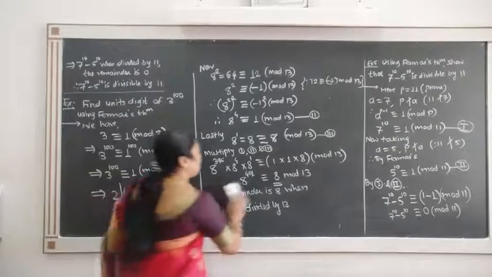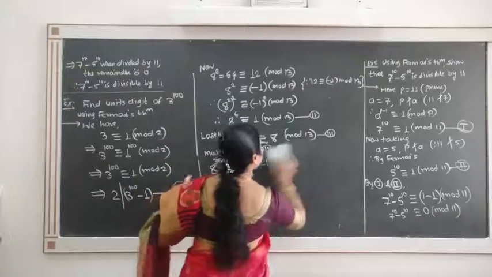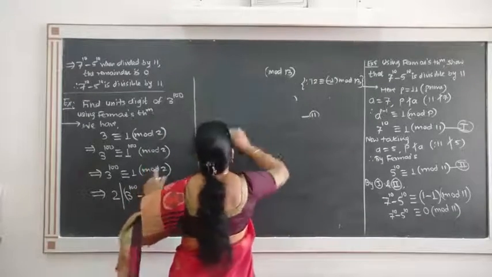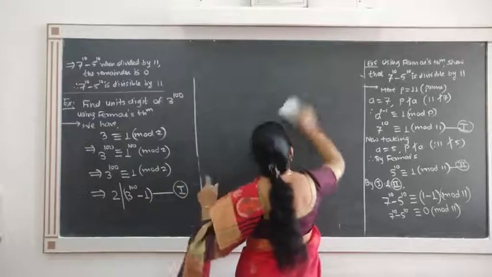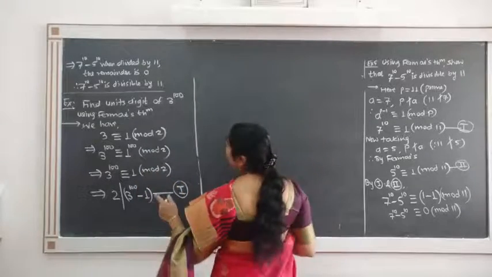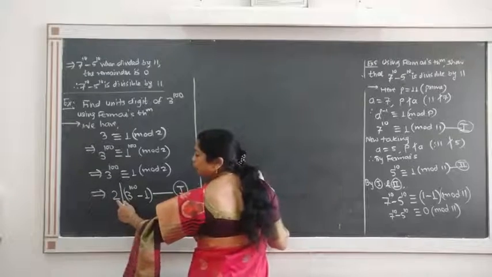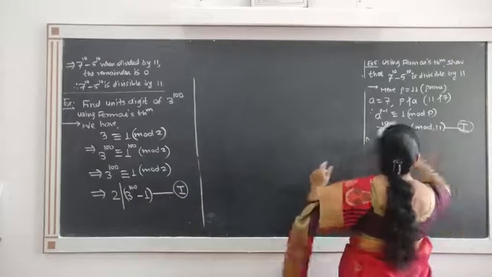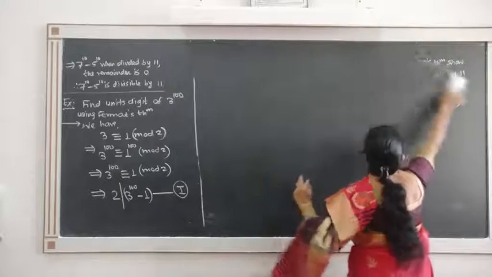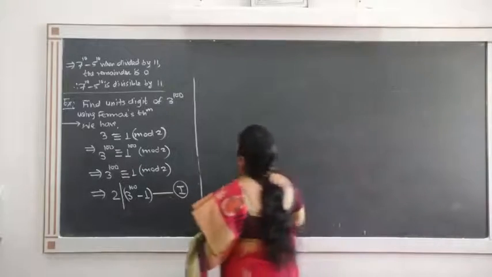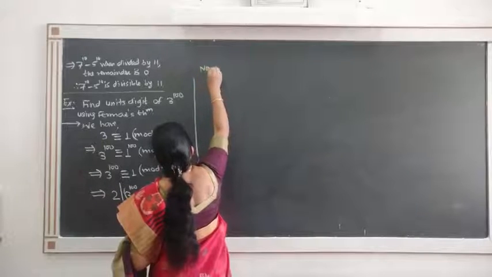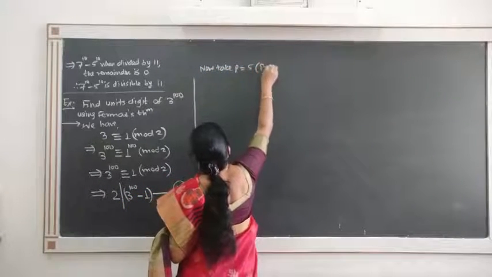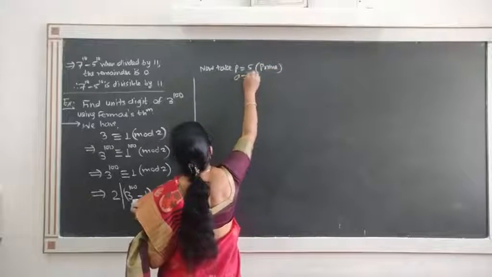Now we consider the next prime 5, because we want the division by 10 and the factors of 10 are 2 and 5. We have 2. Now we will check for 5, so that 5 into 2 becomes 10. So now take P equal to 5, prime, and A equal to 3.